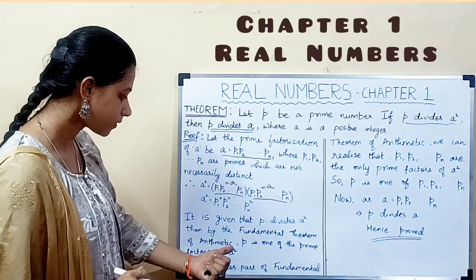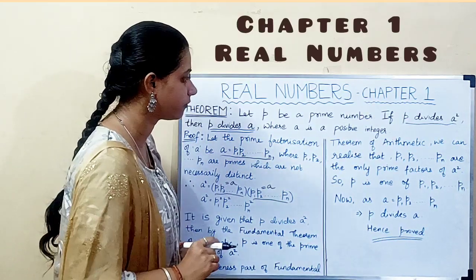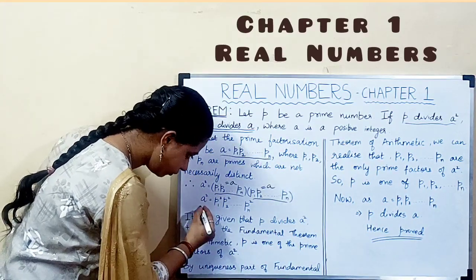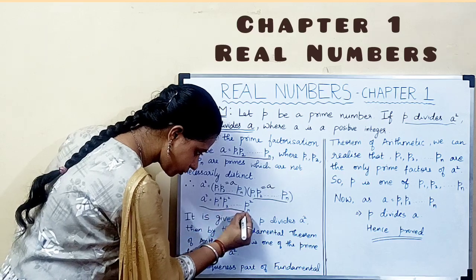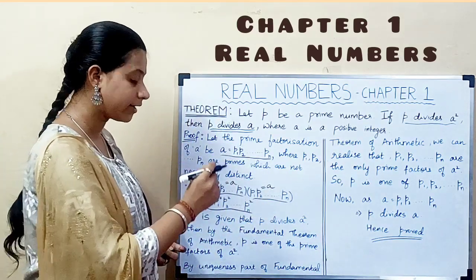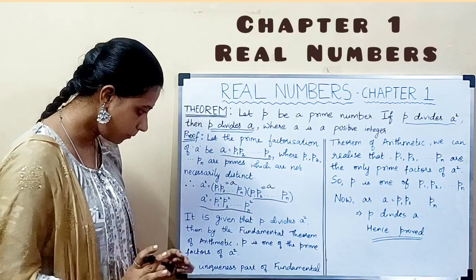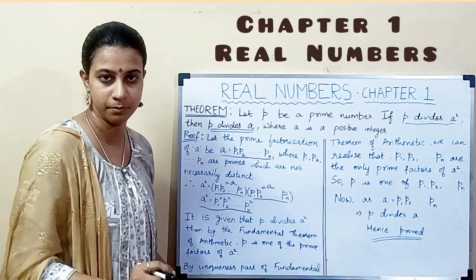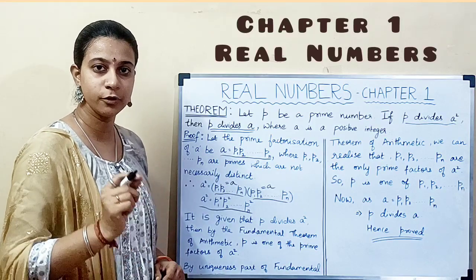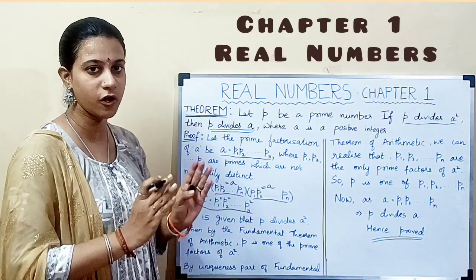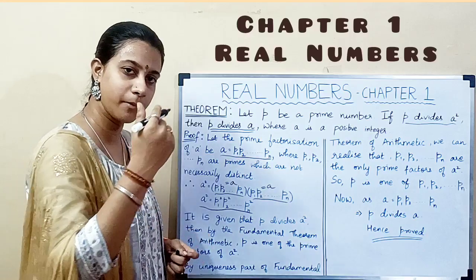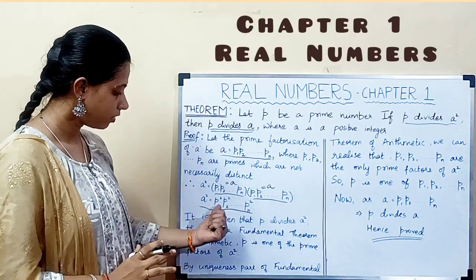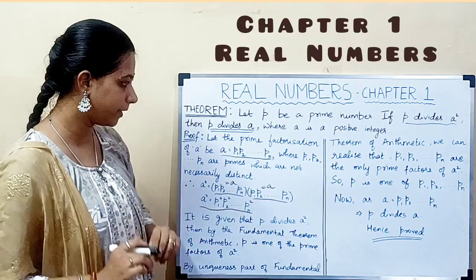By this, P is one of the prime factors of A square, and we know that A square is equal to P1 square into P2 square up to Pn square. So by the uniqueness part, P must be one of the numbers P1, P2 up to Pn, either P1 or P2 or P3 up to Pn.